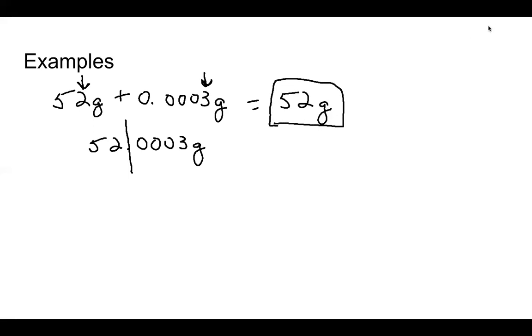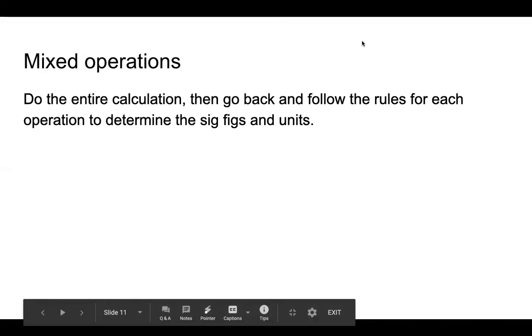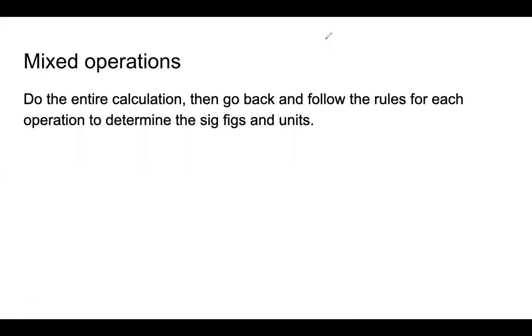All right, now we're going to look at what happens if we have mixed operations. So now we have to take the rules of both addition and subtraction and multiplication and division into account.